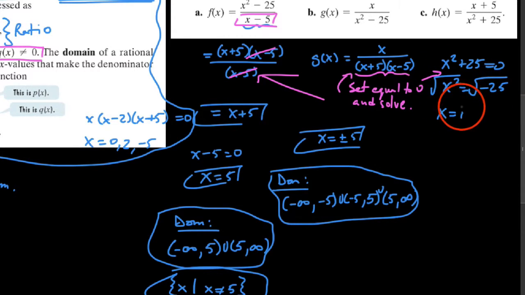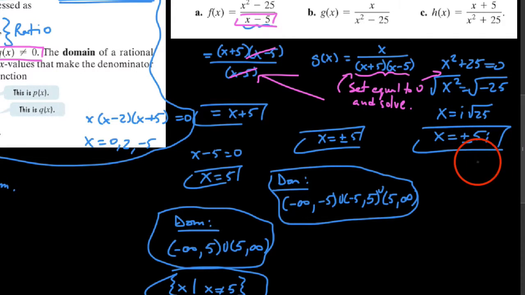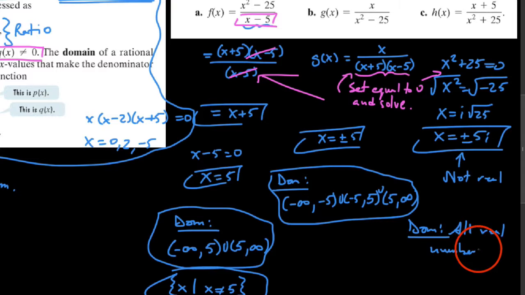I get x equals i times the square root of positive 25, or in other words, x equals plus or minus 5i. What I want to comment on is that this is not real. So we would say the domain is all real numbers, or negative infinity to infinity, because there are no real x values that cause that denominator to ever be 0.